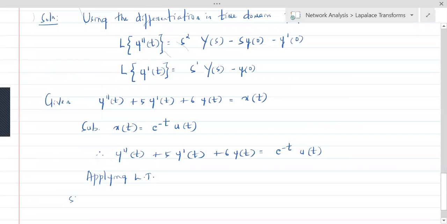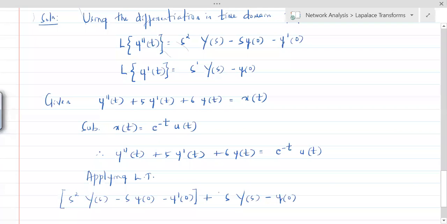So it's s square Y of s minus s y of 0 minus y dash of 0, the first term, plus s Y of s minus y of 0. Let's put these in brackets.